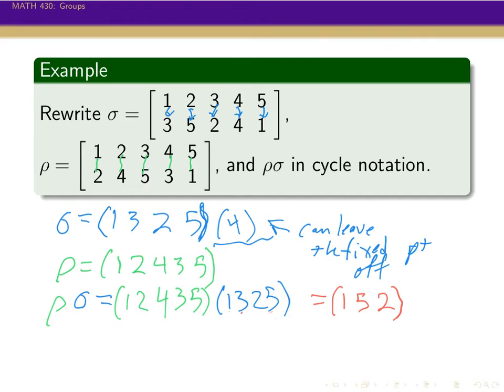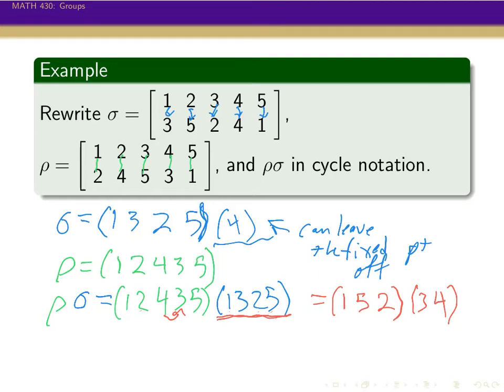In sigma, sigma sends 3 to 2, and then in rho, 2 is sent to 4. So 3 got sent to 4, and since these are both permutations on S5, and we used all 5 numbers, this should be it, but let's just double check that 4 gets sent back to 3. 4 does not appear in sigma at all, so 4 is fixed by sigma, and so it just passes through, and then in rho, 4 gets sent to 3, as we expected.